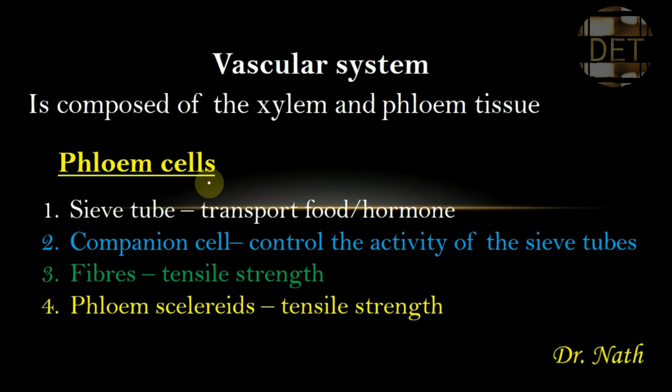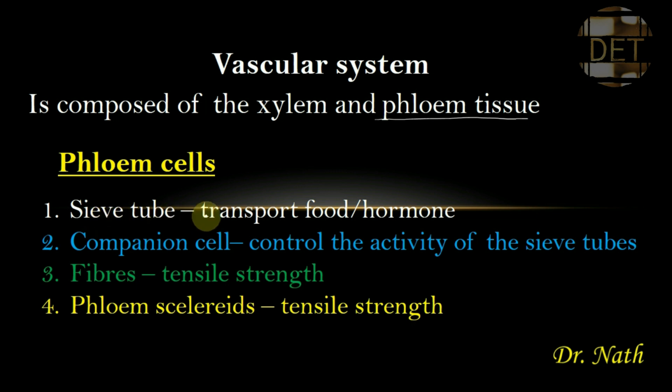So like we said, the phloem tissue is made up of 4 cells: the sieve tube, the companion cell, the fibers, and the phloem sclerids. The first one is the sieve tube. What is the function of the sieve tube?